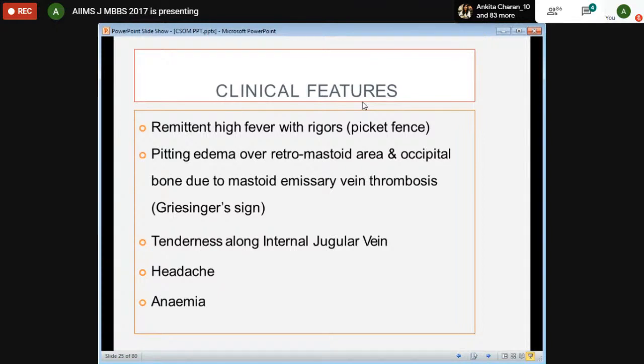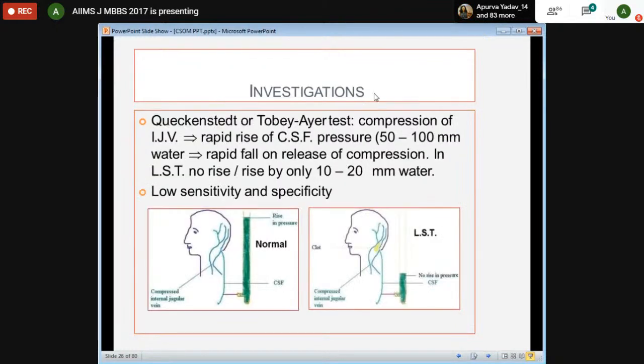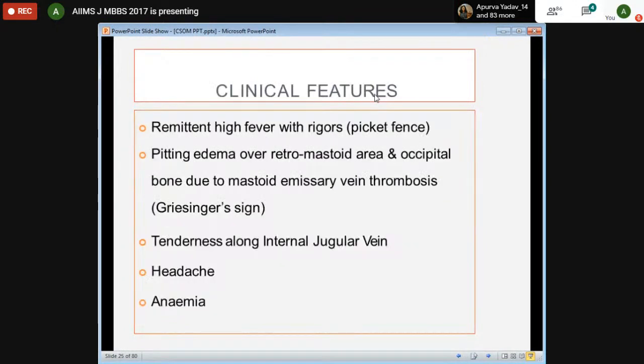The fever will increase drastically, and then it will come down after some time, but will never touch the baseline. It is known as picket fence. Got it? Whenever the emboli happen because of this thrombus, the fever will increase to 104, 105, and otherwise it touches 100 or 101. It will never touch the baseline.